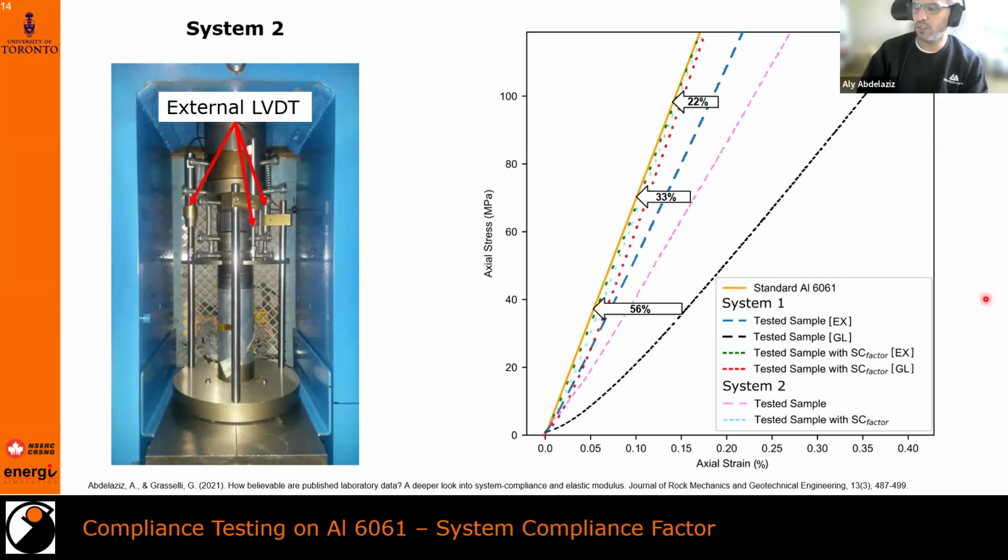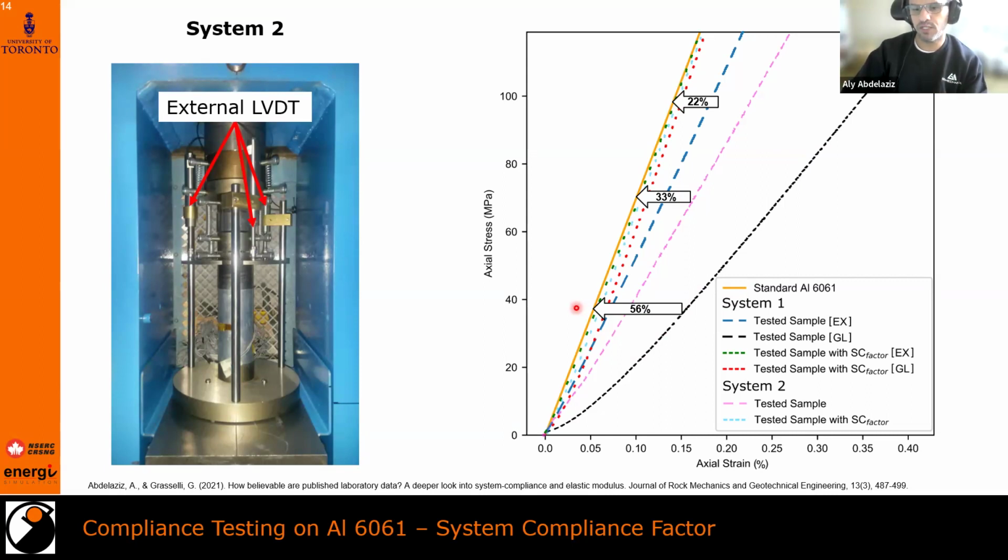So basically what we need to do is, if you were testing on system 2 or system 1 with the blue line, whatever values you get, you were supposed to correct by 22% to bring it back almost to the yellow line. If you were testing by the actuator, you would have to change it by almost 56%. So it is underestimated by almost 50%.